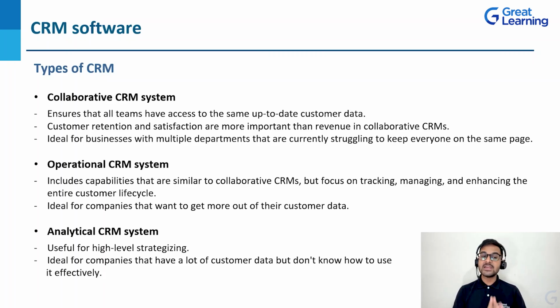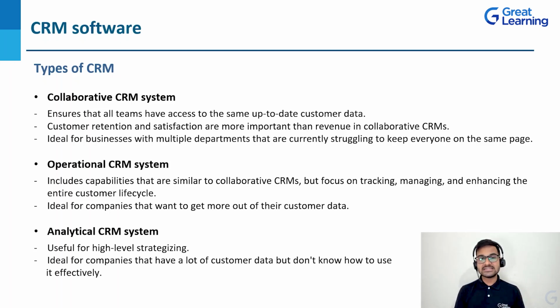So this system ensures that all teams have access to same up-to-date customer data. Whatever data is there, if it is required by the accounts team, the finance team, the marketing team, the sales team, all of them will have access to it. The main feature of this particular type of CRM system is collaboration. It promotes collaboration and it is built with that kind of mindset.